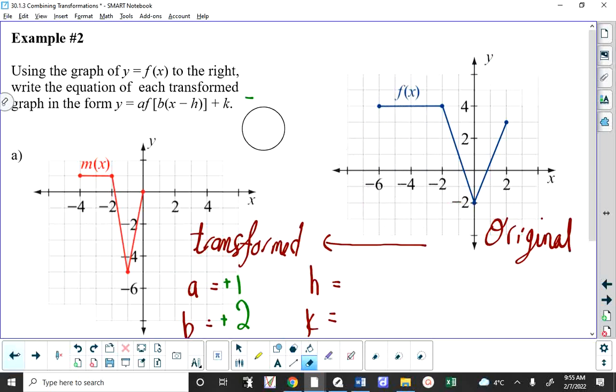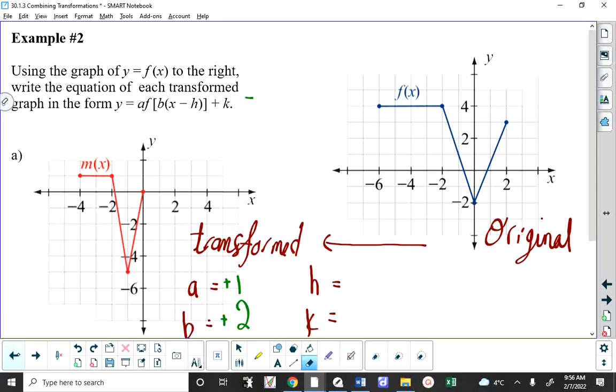So now how do you find H and K? You could make this complicated and set up a system of equations, but that's a nightmare. What you do is you pick a point and you apply A and B to that point and find out how far short you come from where the point should be.